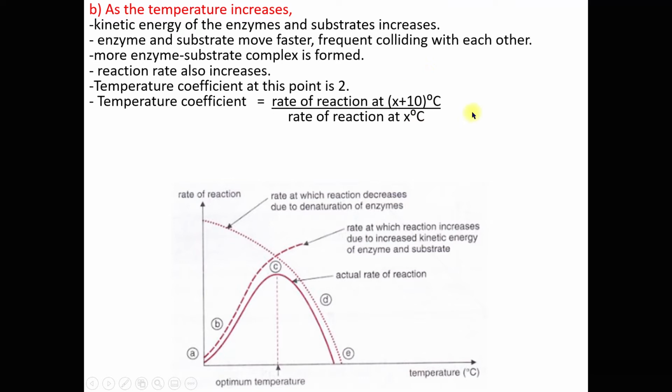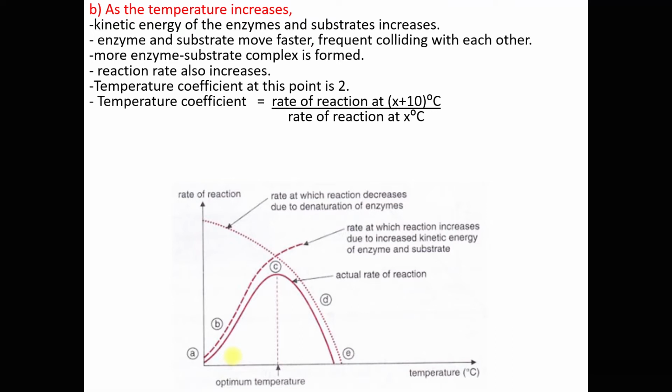This temperature coefficient you will learn in detail during your experiment later on in the lab. For now, you need to know that it is given as rate of reaction at x plus 10 degrees Celsius divided by rate of reaction at x degrees Celsius. We take one example. What is the temperature coefficient at 20 degrees Celsius?